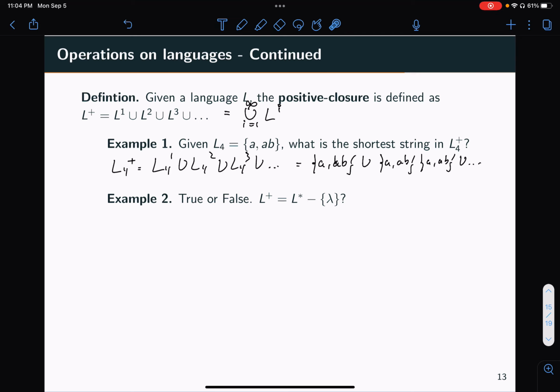So here, this A is going to be concatenated with at least another A, so the smallest string here is going to be AA. And so then clearly as I keep exponentiating, I'm going to have longer and longer strings. And so the shortest string that I'm going to find is actually going to be in the first language here, which is going to be A. So the shortest string here is going to be A.